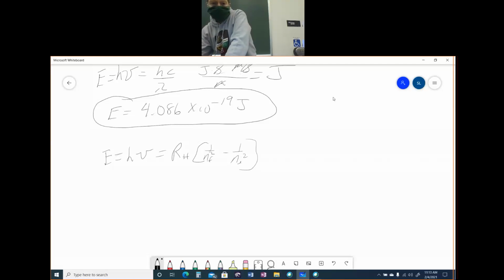Most of your Rydberg constants that I've seen, except not in this book, put that in terms of energy.